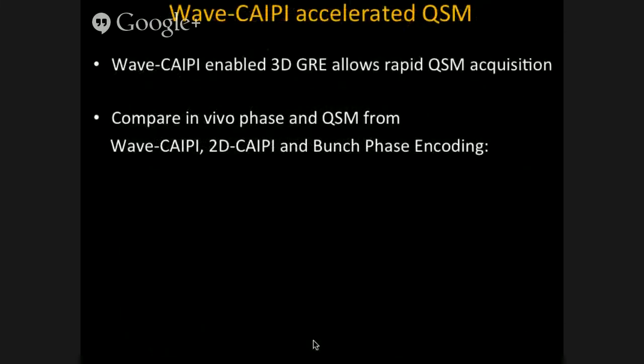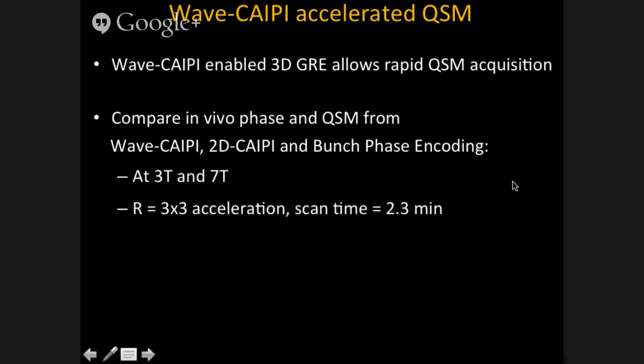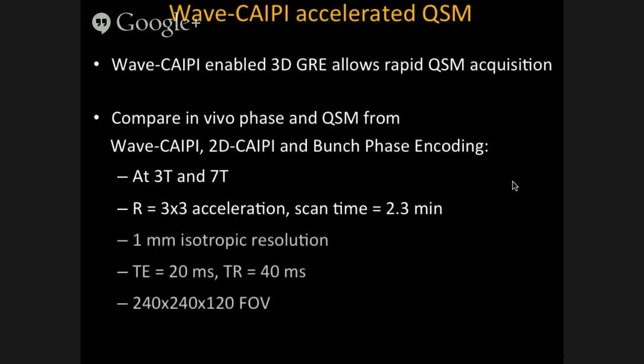So we combined the two and used Wave-CAIPI for QSM acquisition. In this case, we compared the phase and susceptibility maps we compute from Wave-CAIPI, 2D CAIPI, and bunch phase encoding. And the data that I use is the same, gradient echo at 3D and 7T with 9-fold acceleration and 1 millimeter resolution.